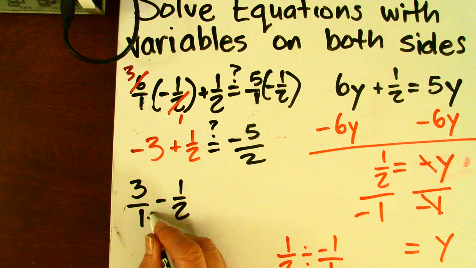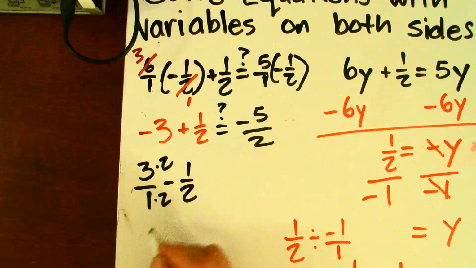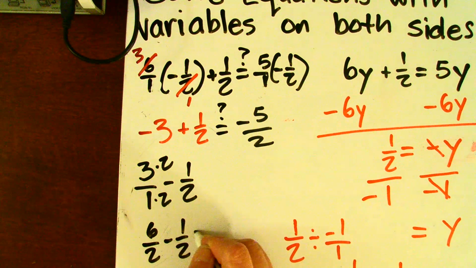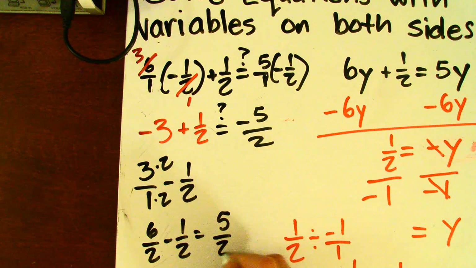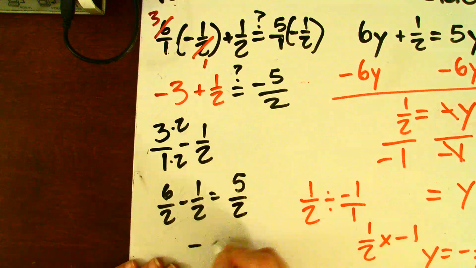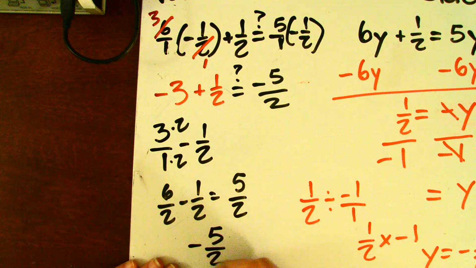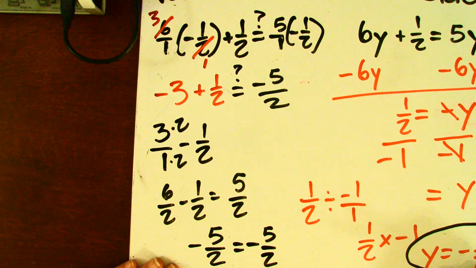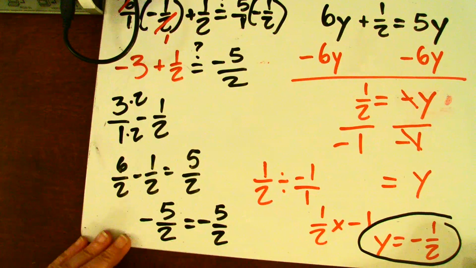We can change this to halves. We make this 6 halves minus 1/2 gives us 5 halves. Now, because the larger number is a negative, this is going to be a negative 5 halves. And that's what we had here. Because both sides are the same, this y equals negative 1/2 is the solution.